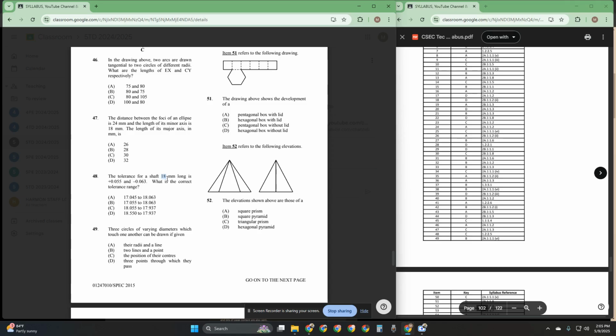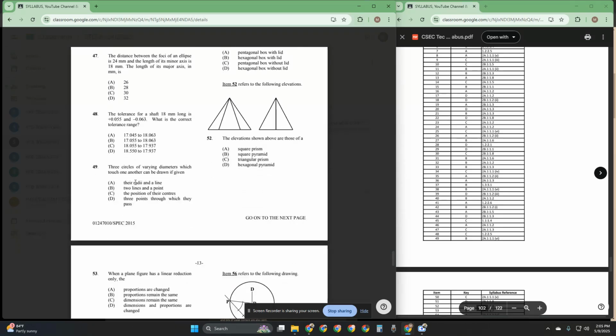The original length is 18. Number 48, the answer they say is C. So 18 plus 0.055 would give you 18.055, which makes sense. And minus, yeah, makes sense. 48C.